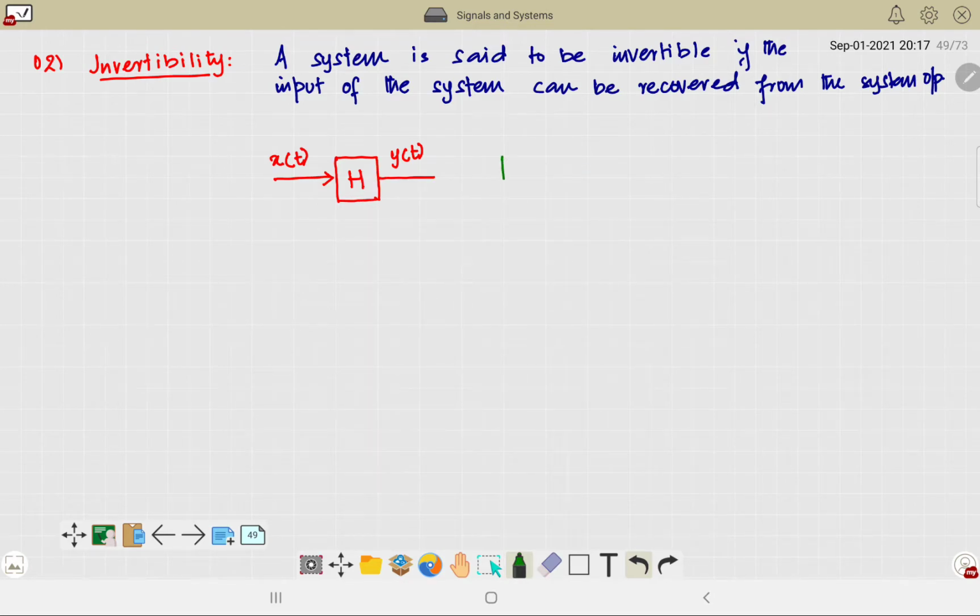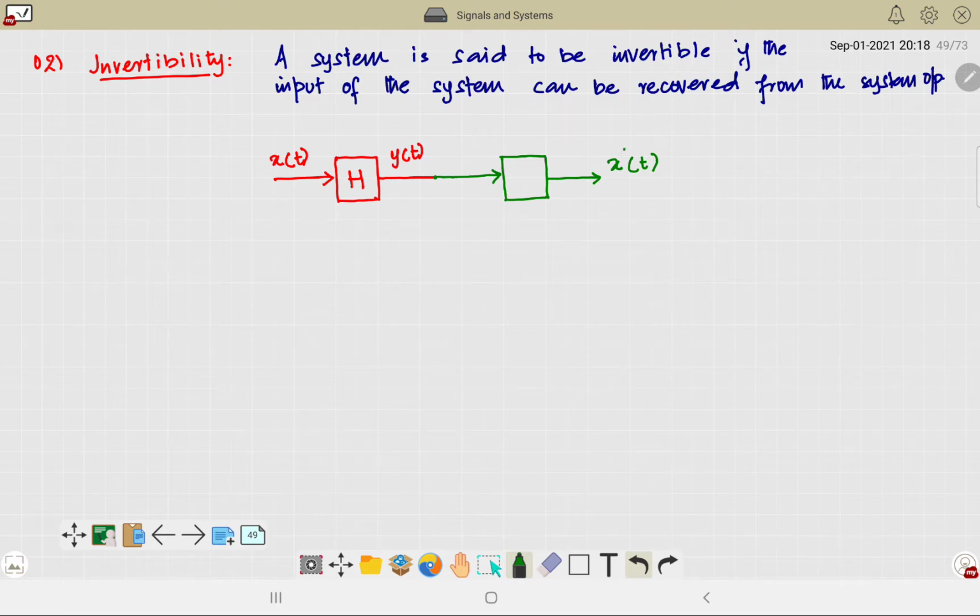Fine. So I need to have another system for which this y of t will act as the input, and it should give back x of t. Okay.